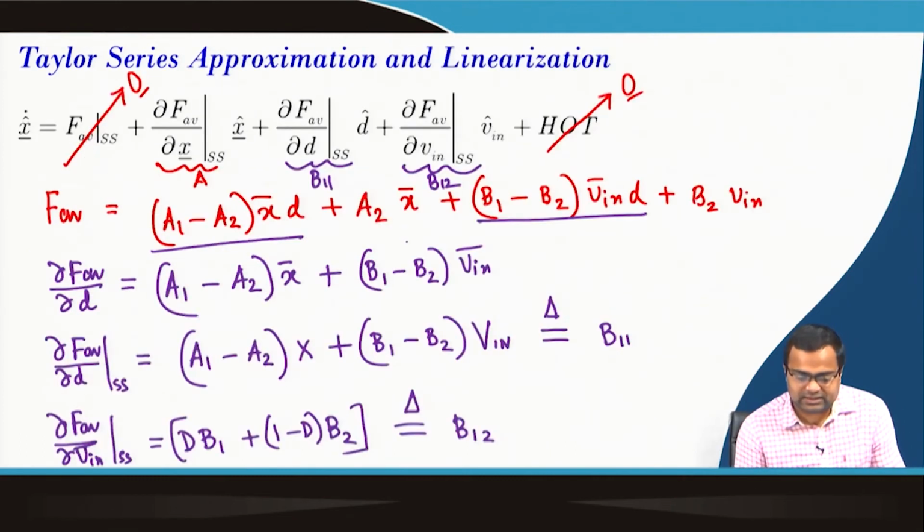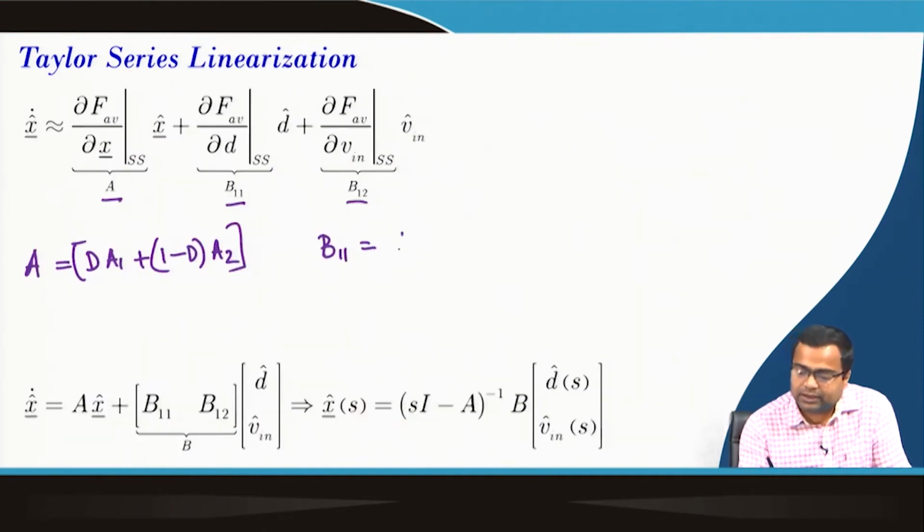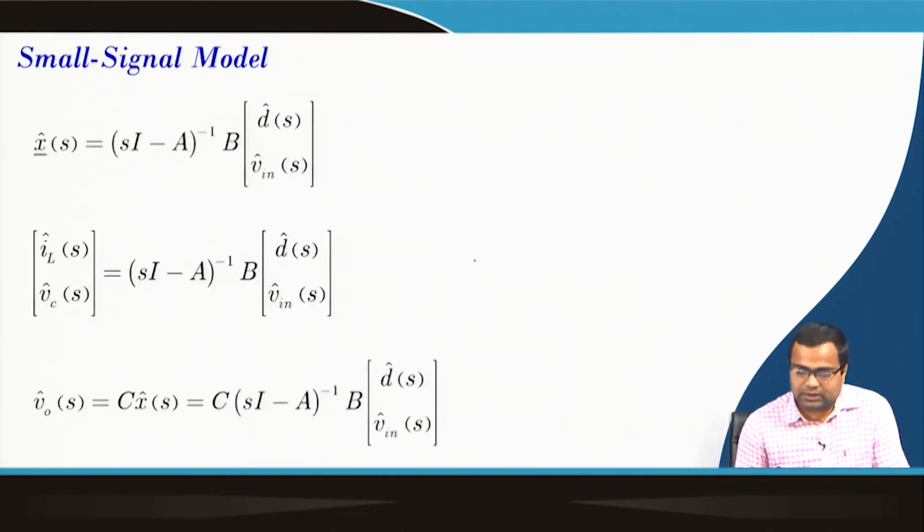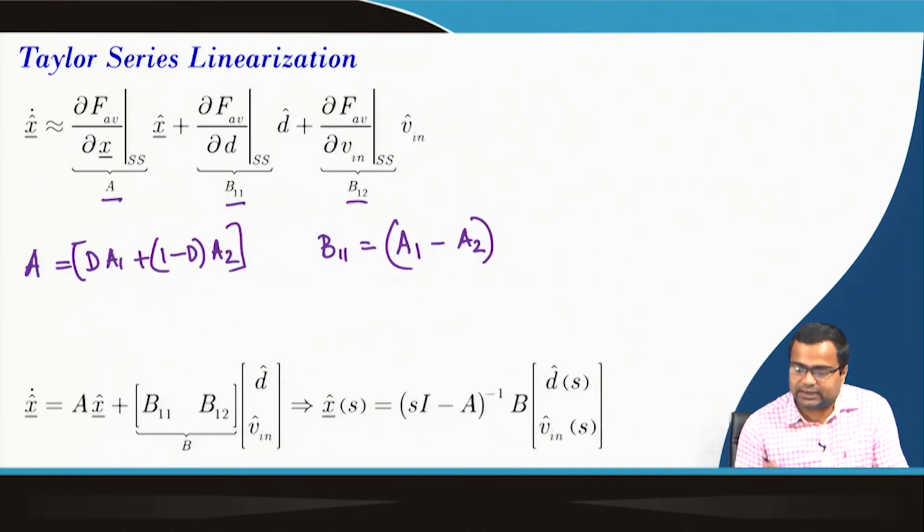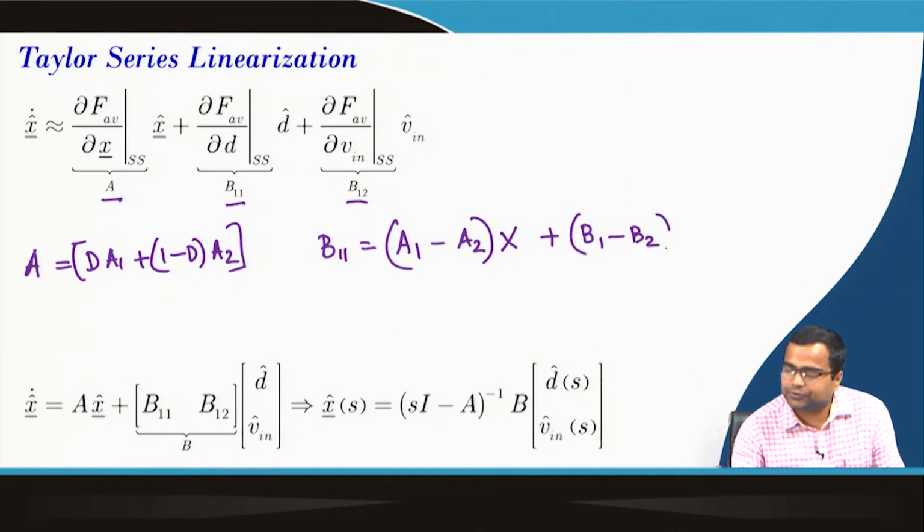If you go to the previous slide, B11 is (A1 − A2) into X plus (B1 − B2) into Vin.